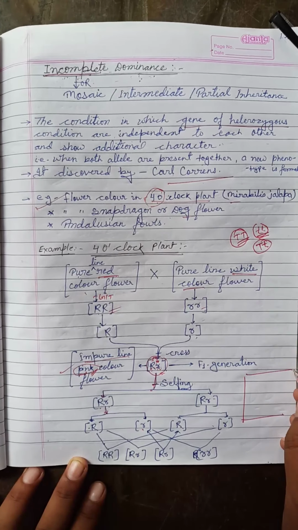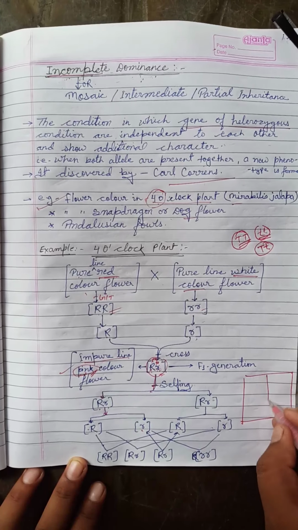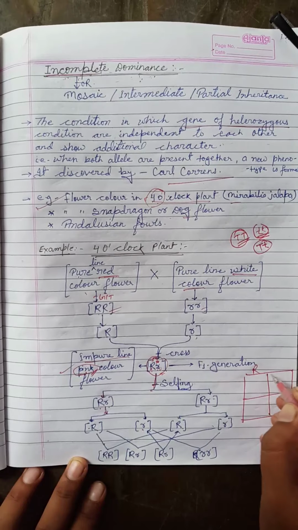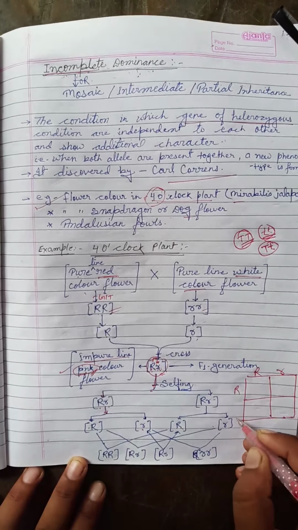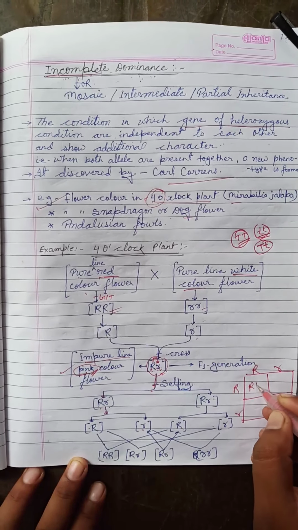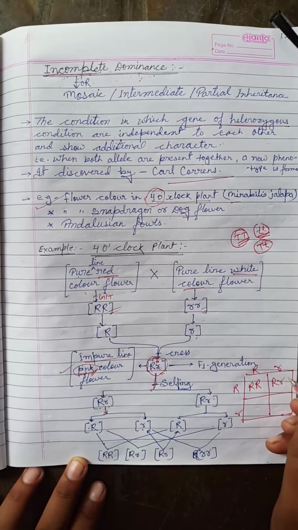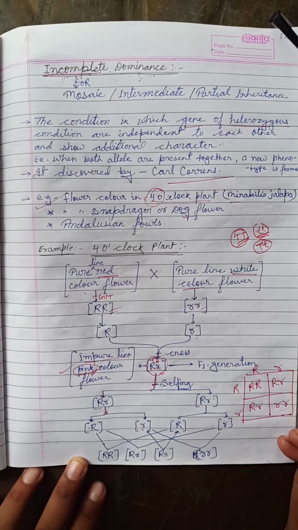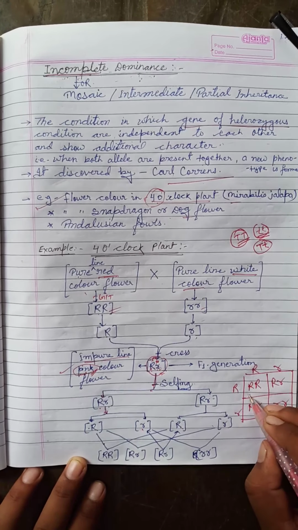You can also use a Punnett square. Here capital R and small r, and here also capital R and small r. The result will be capital R capital R, capital R small r, capital R small r, and small r small r.